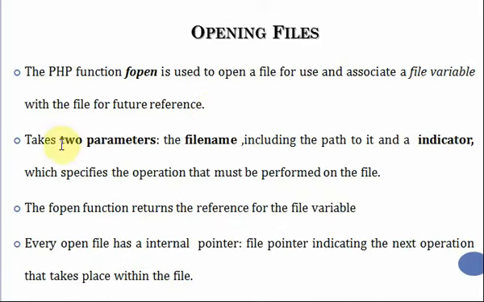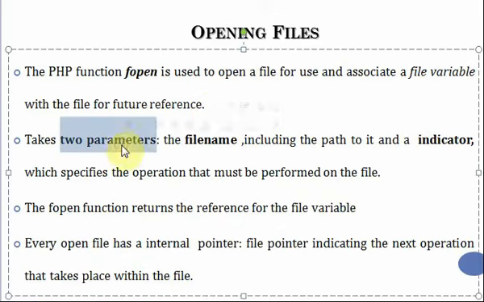This fopen takes two parameters. The first parameter is a file name, so you can write the file name within quotes. In case the file is present in some other directory, then you need to specify the complete path where that particular file is. That is the first parameter. The next parameter is an indicator, or you can also call it the mode, which tells us for what purpose you are opening the file or what operation you want to do on the file.